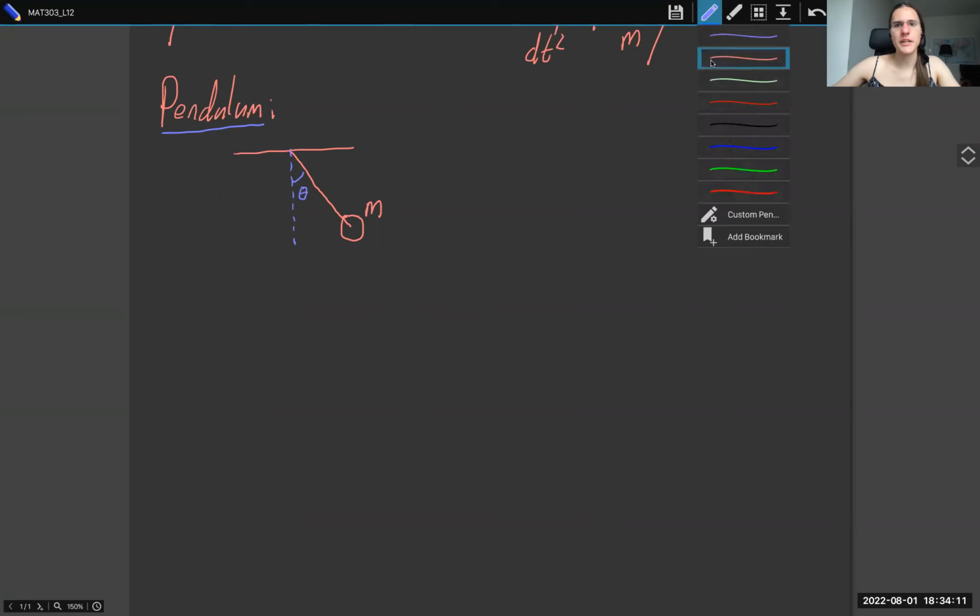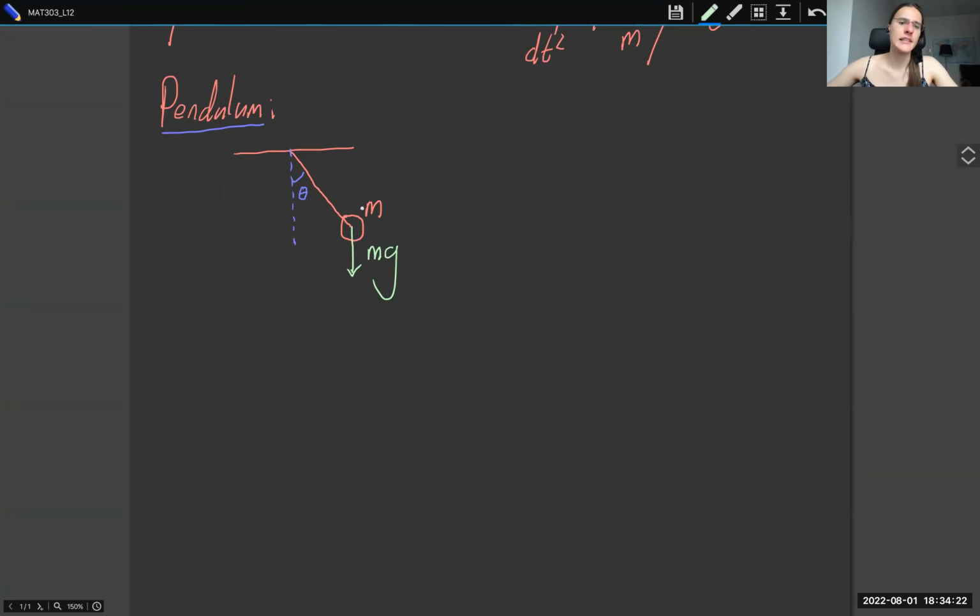And so we can imagine that gravity is acting from the center of mass of the object. And that's going to be a force of magnitude mg. But then this force can be divided into being in two directions. So if we drop a right angle here, then we can decompose this into two orthogonal vectors.